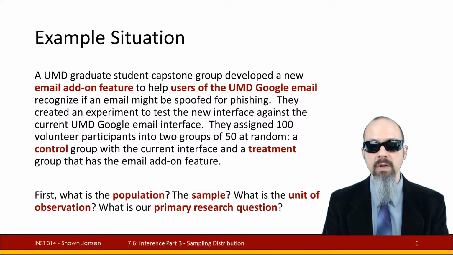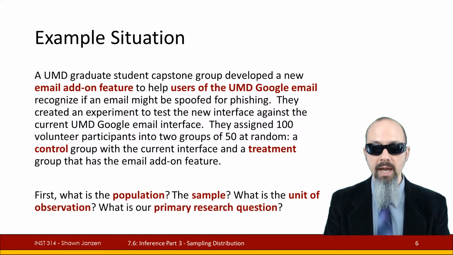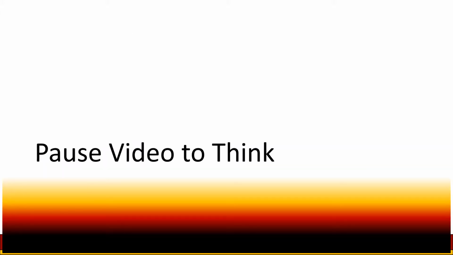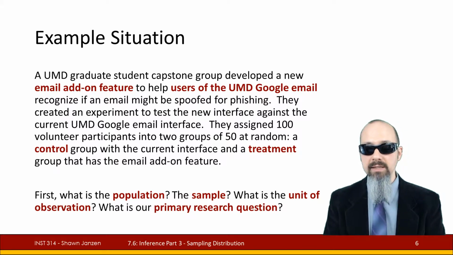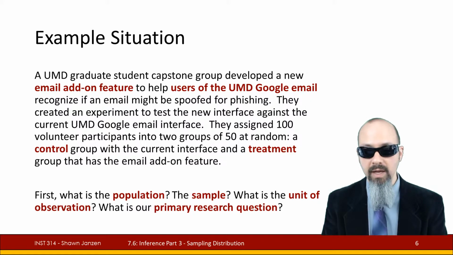First, let's ask ourselves, what is the population, the sample, the unit of observation, and what is our primary research question? Go ahead, stop for a moment and think. I'll wait. Okay, let's keep going. So, we would say that our population is the graduate student body at University of Maryland.